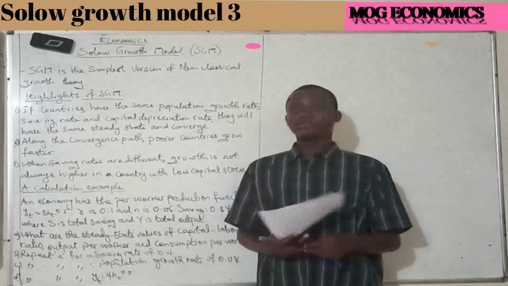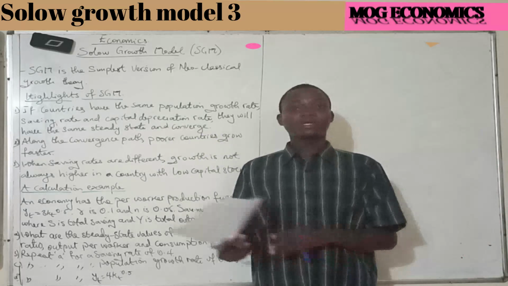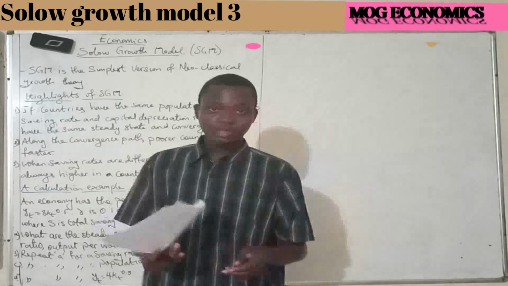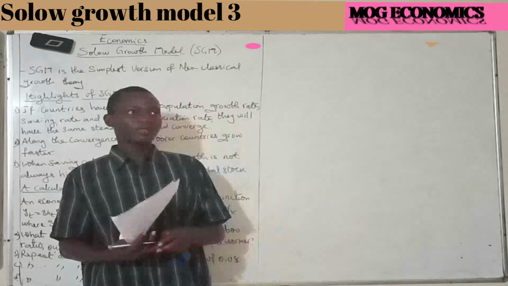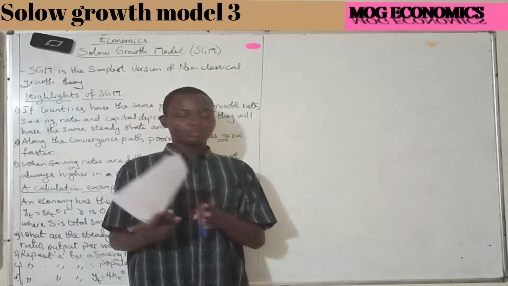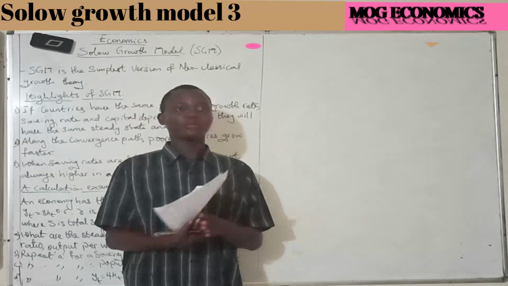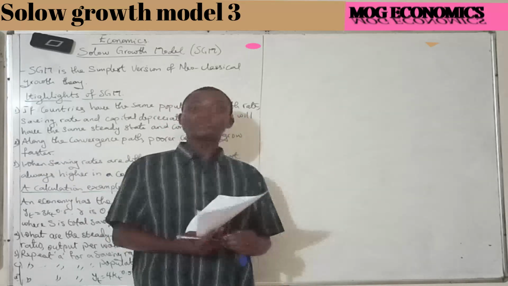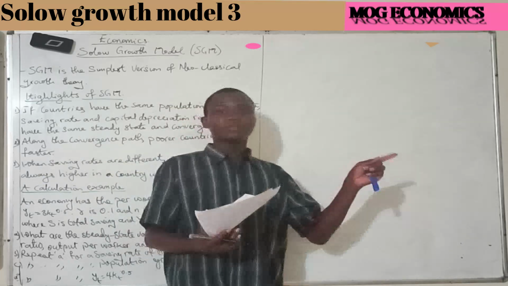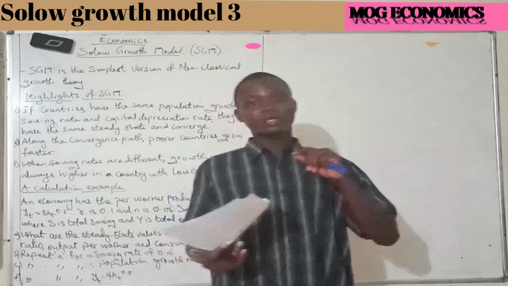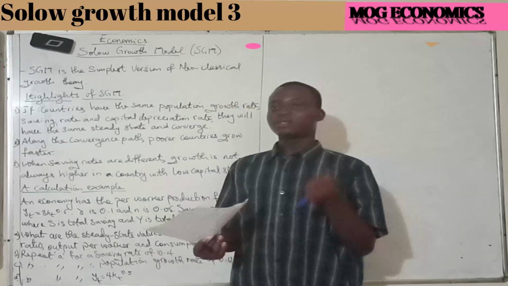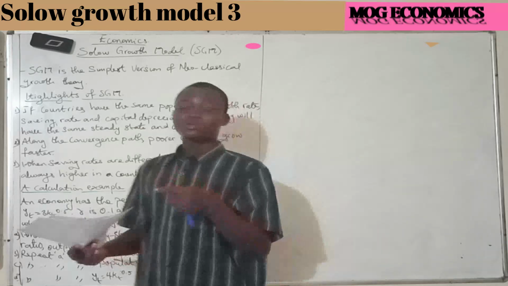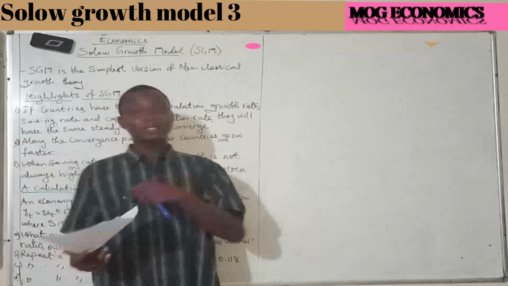If you try to increase capital per worker in Malaysia and then try to increase capital per worker in Nigeria, you would discover that the marginal product of the additional capital per worker in Nigeria would likely be higher than that of Malaysia. What that is telling us is that Nigeria's productivity, given the same amount of technology, is going to be higher than that of Malaysia.